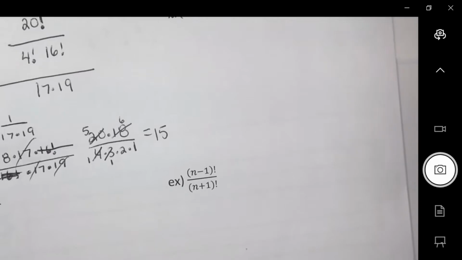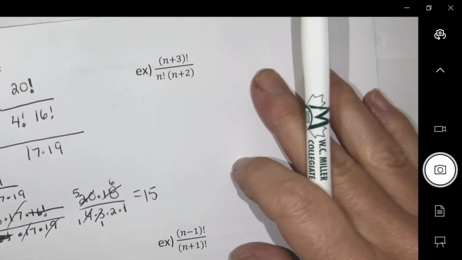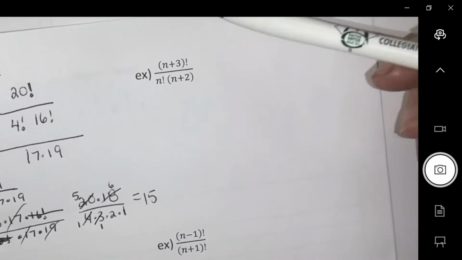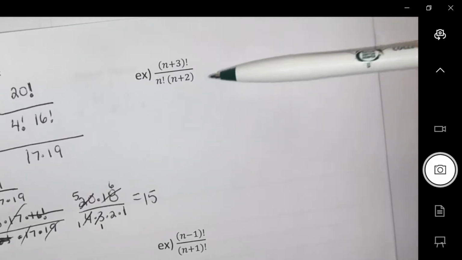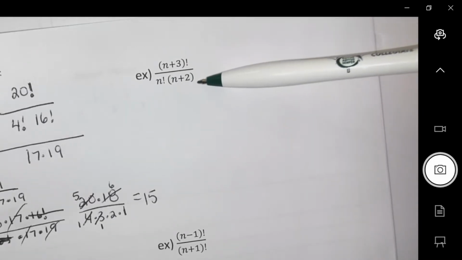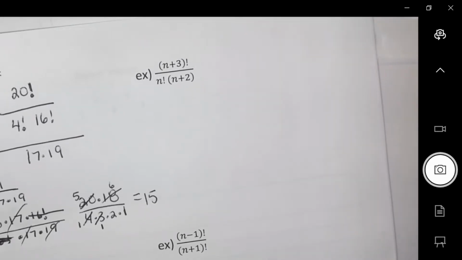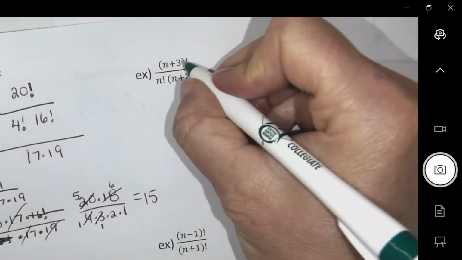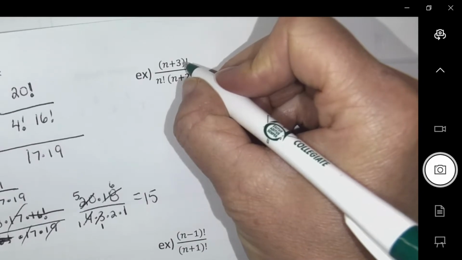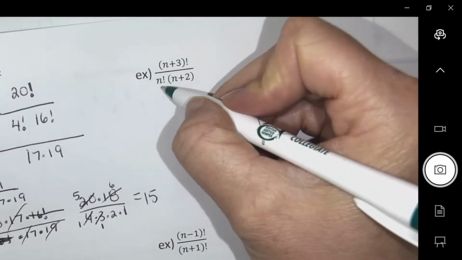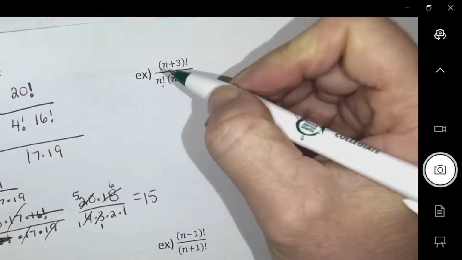Okay. Simplify. This is an expression, so we're going to simplify. Which factorial is the largest? N plus 3. So I'm going to go down all the way to what factorial will I stop at? The next factorial.